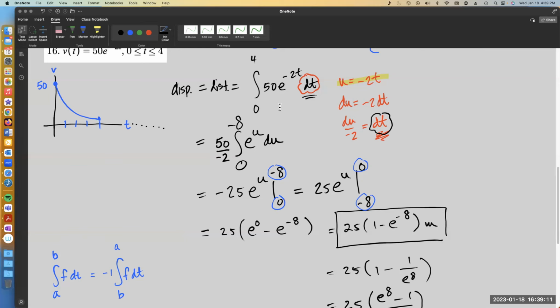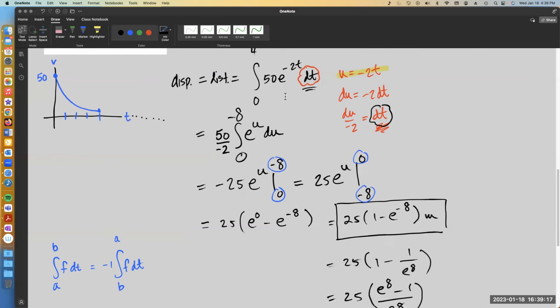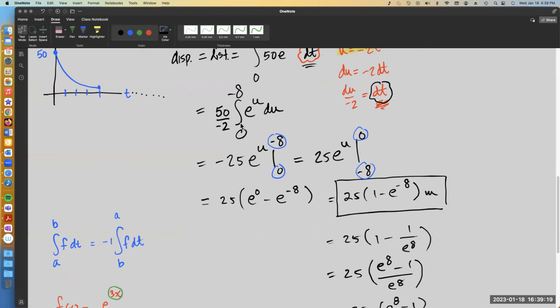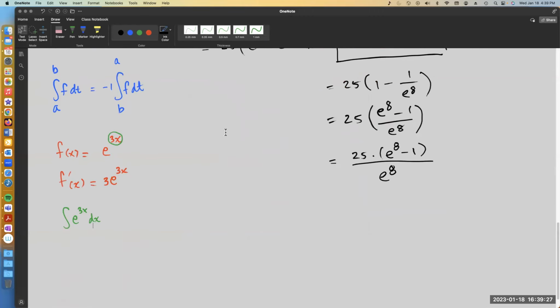Very similar to the chain rule. If you were taking the derivative of this, you would have multiplied by -2. But when we take the integral, the effect of this substitution was that all we did was divide by -2.